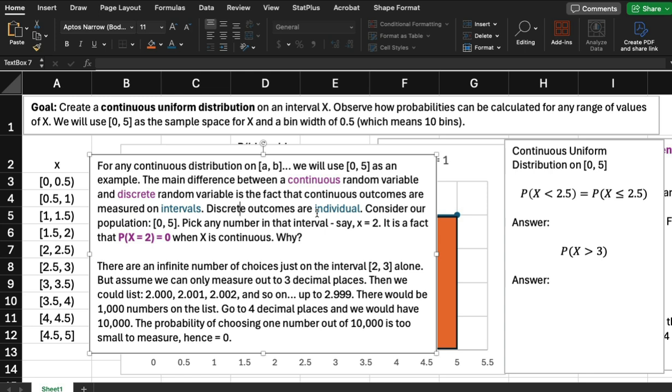discrete outcomes are individualized. Like, we can talk about each individual outcome, and if we want to allow more than one possible outcome, we calculate their probabilities simply by adding them up, right? We add up the different probabilities of all the outcomes that we want to include. The equivalent of that on a continuous scale is to calculate the area.